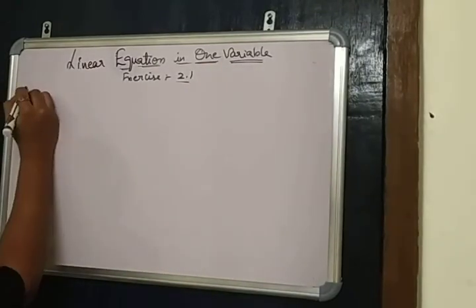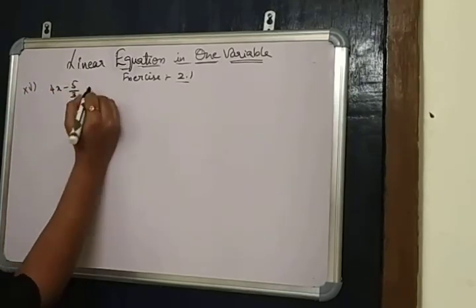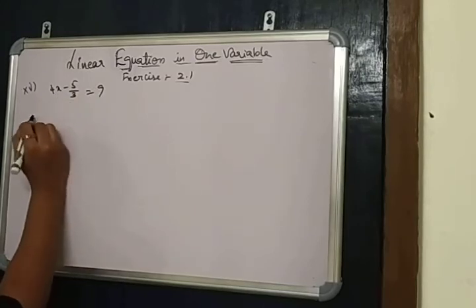And next problem, 4x minus 5 divided by 3 is equal to 9.